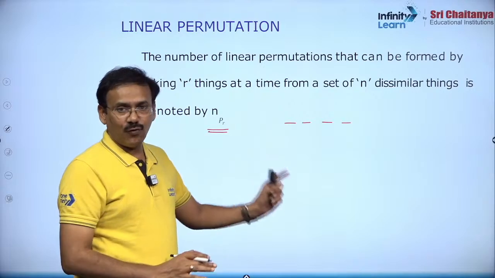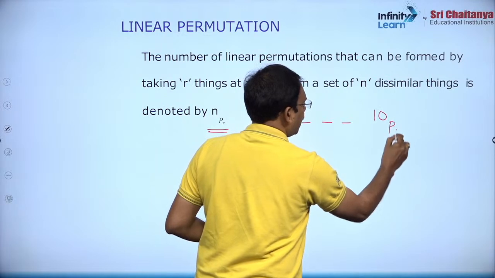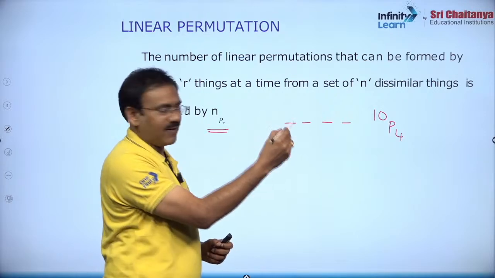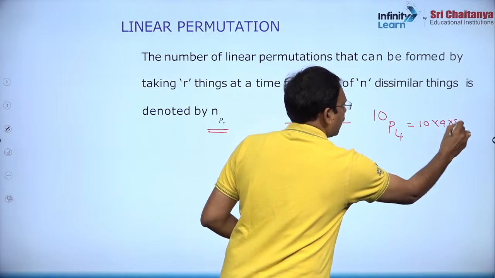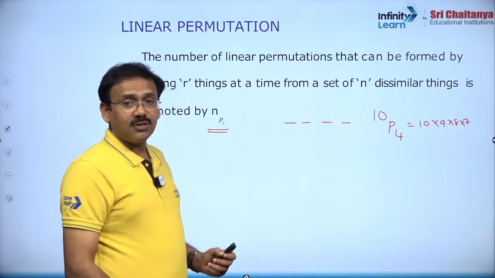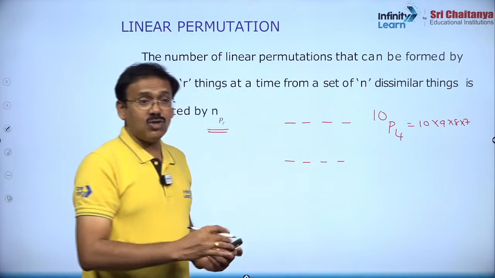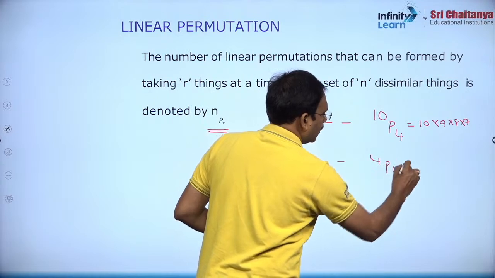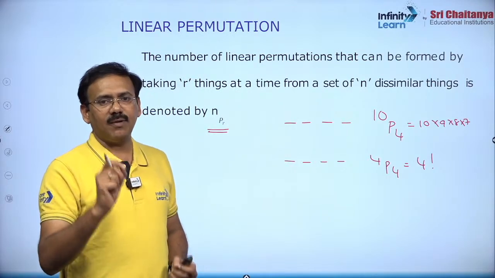The answer is simple, 10P4. How to compute? 10 into 9 into 8 into 7. Simply starting from 10, you multiply 4 numbers going backward. That's it, my dear friends. Suppose there are 4 students to arrange in 4 places. If you are taking all the 4, this becomes 4P4, which is nothing but 4 factorial. That is simple. This is concept number 1.